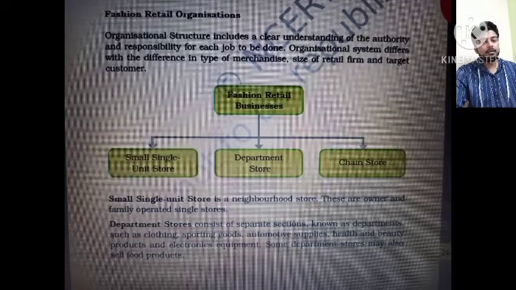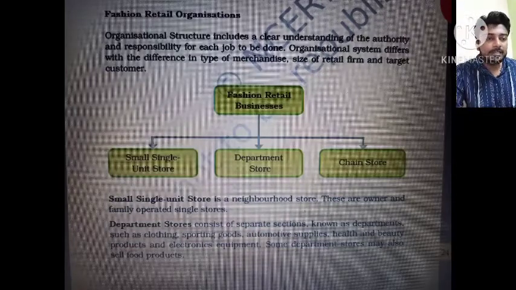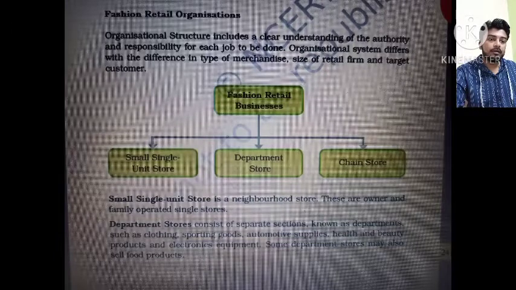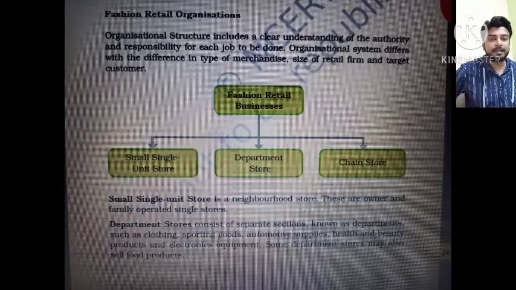So I am retailing my brand to different places, through retail outlets, so that it runs as a central business, and usually they have standardized business methods and practices, their own business methods and practices. So these are the different stores for the fashion retail business.